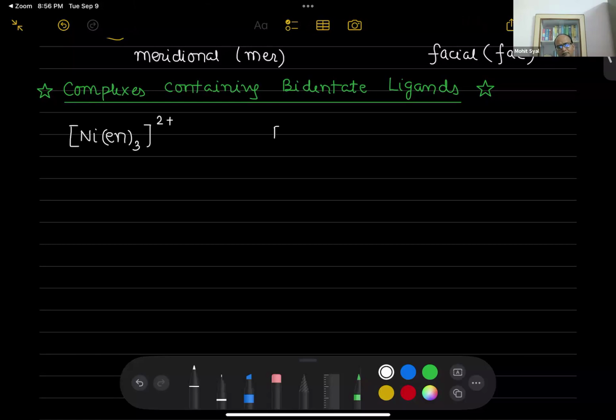Or you can have this as a bidentate ligand in a square planar complex. Pt(en)Cl2, this is a square planar complex. One bidentate ligand is going to take the place of two monodentate. Clear?